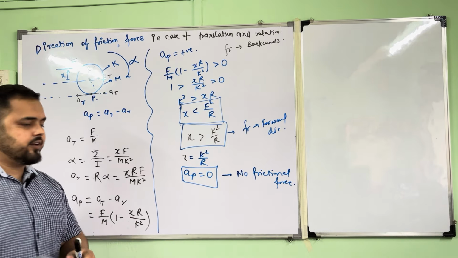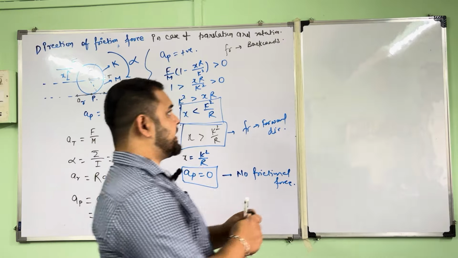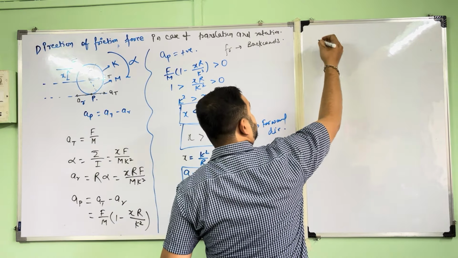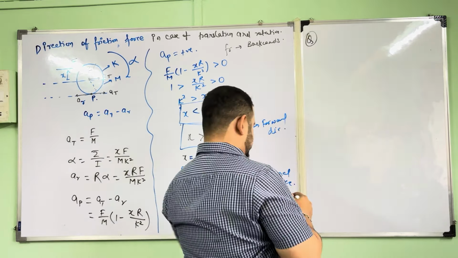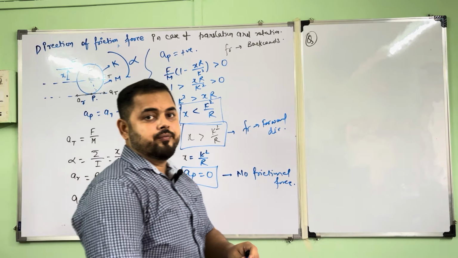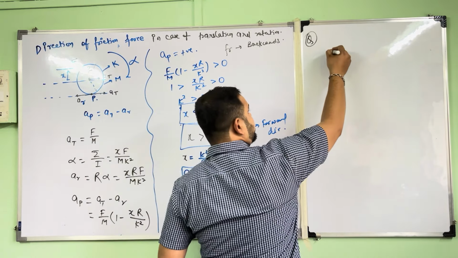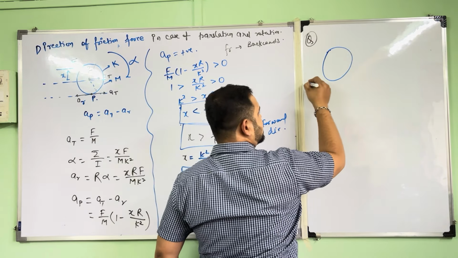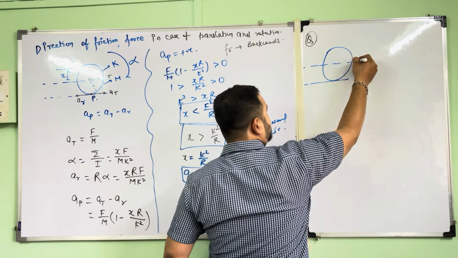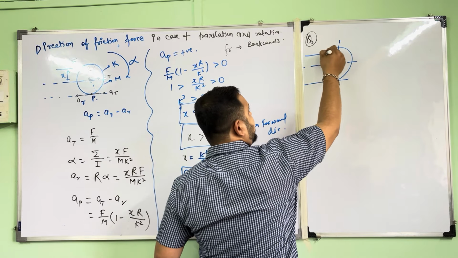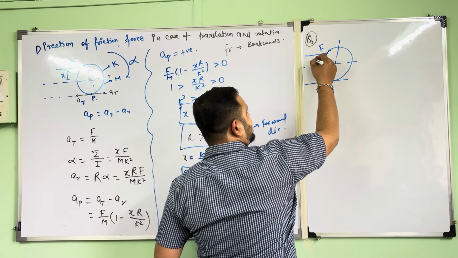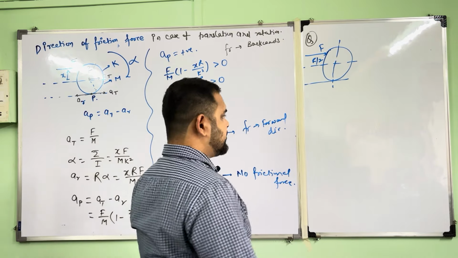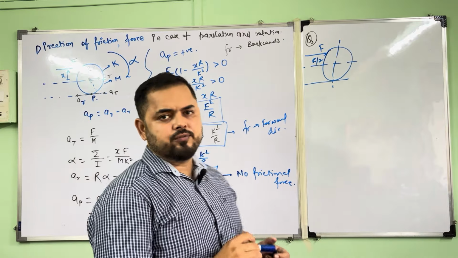Start with a ring: if a ring is kept on a surface and a force is applied at distance R by 2, tell me the direction of frictional force.